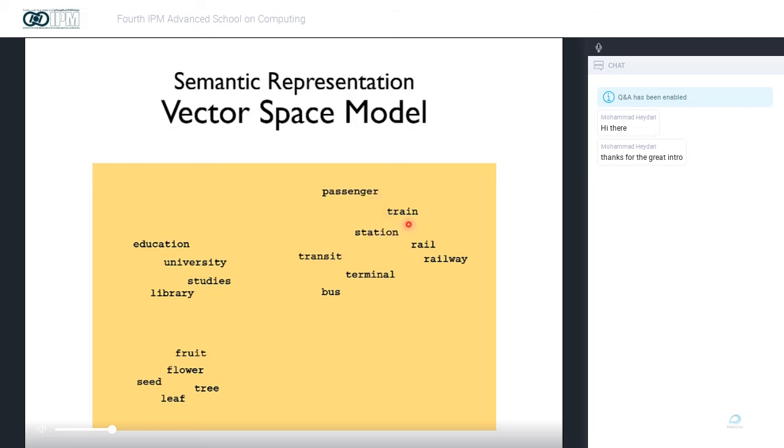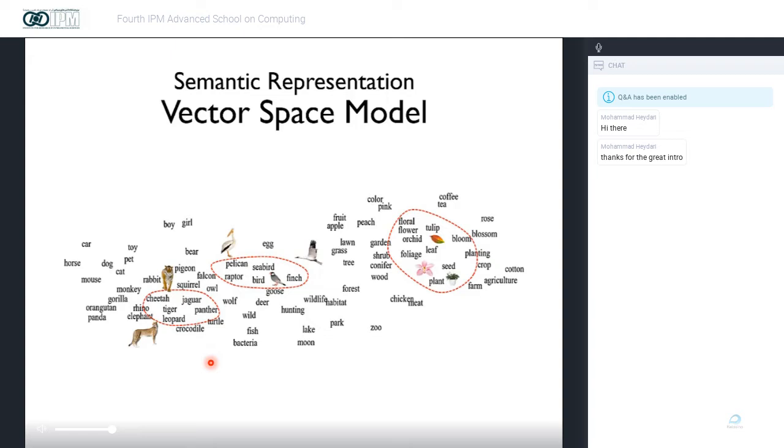So for instance, you have train station, rail and railways here. In another place in this space, you have fruit, flower, seed, leaf, tree. In another place, you have education, university, and library. Here is another example. You have a set of animals here, birds, leopard, tiger, jaguar, etc. And in another subspace of this space, you have concepts about flowers, about trees, or other related meanings.